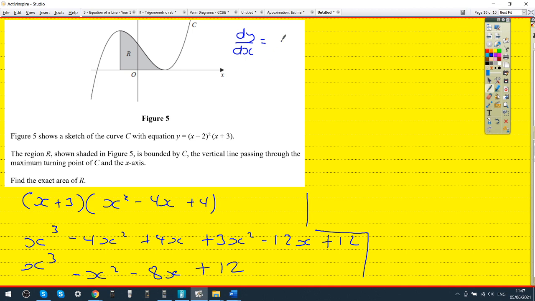And then you do, so it becomes 3x squared minus 2x minus 8. Then you'd solve as a quadratic.